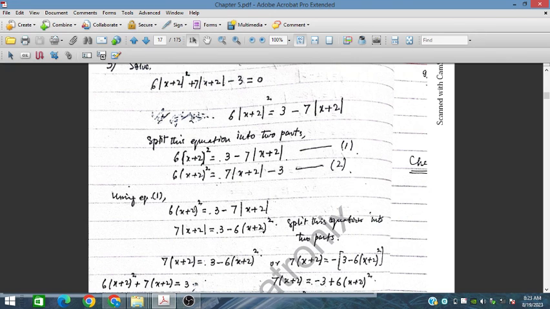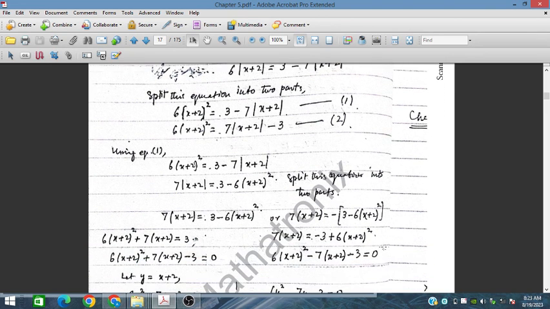Now after rearranging, we take one for the positive and the other for the negative. So just split this into two parts: this is the first part and this is the second. We solve this section, and then this part, one for the positive modulus and one for the negative modulus.